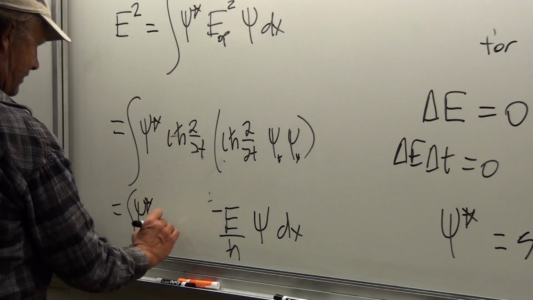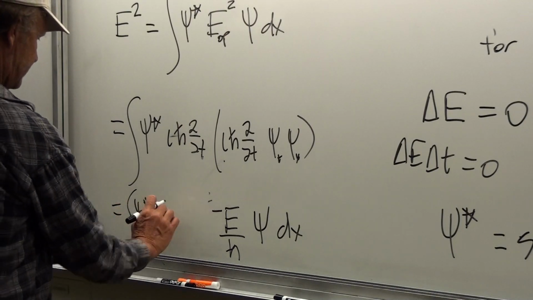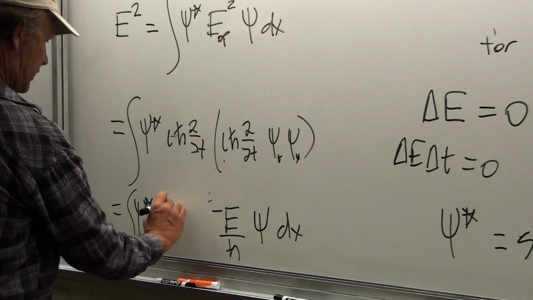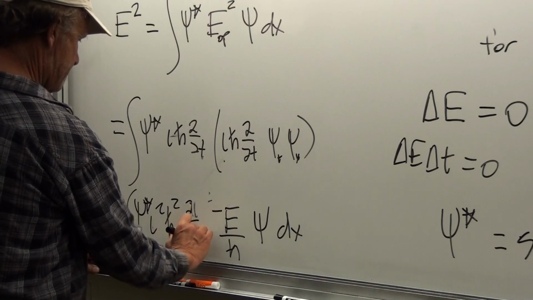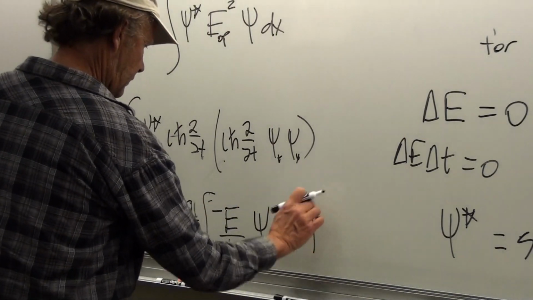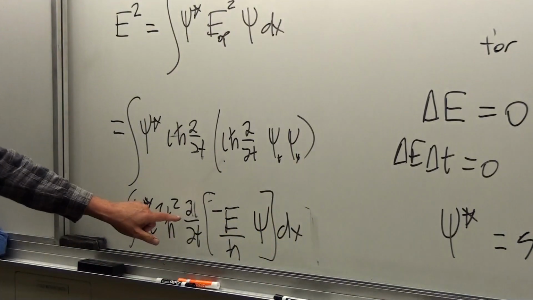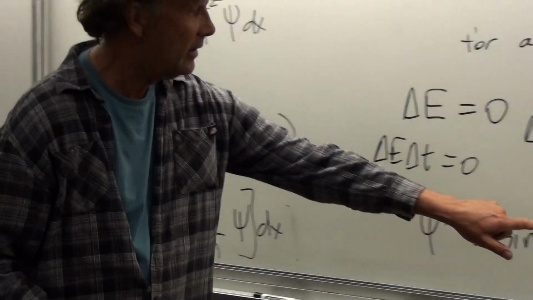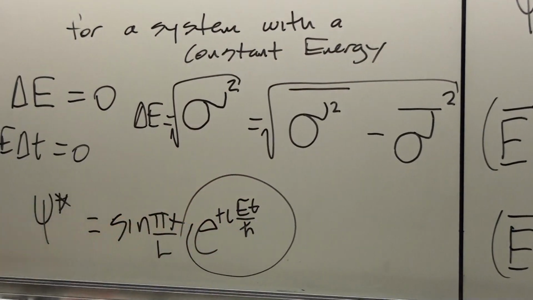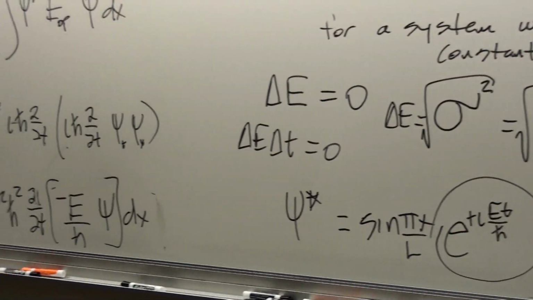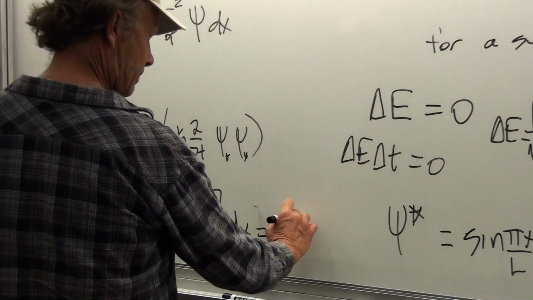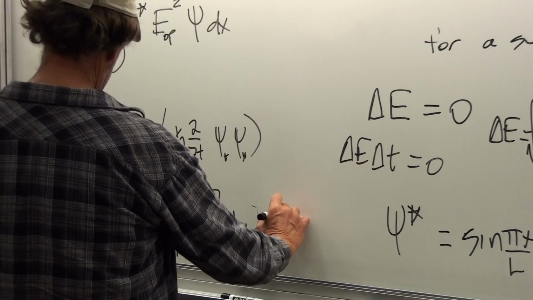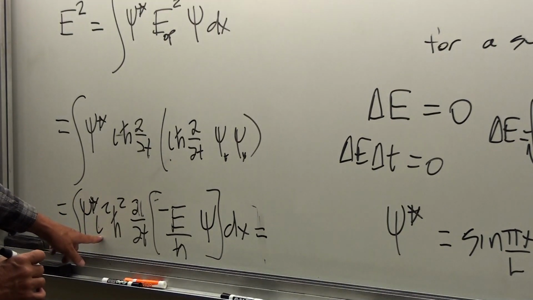So this is psi star. This was i squared h bar squared, and then we do one more time partial with respect to time of this function here, and then that's going to pull out another E over h bar. i squared is going to give us minus 1.